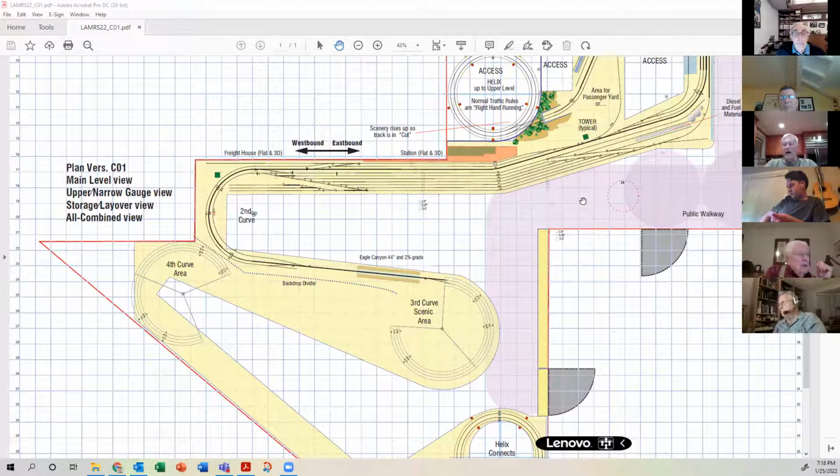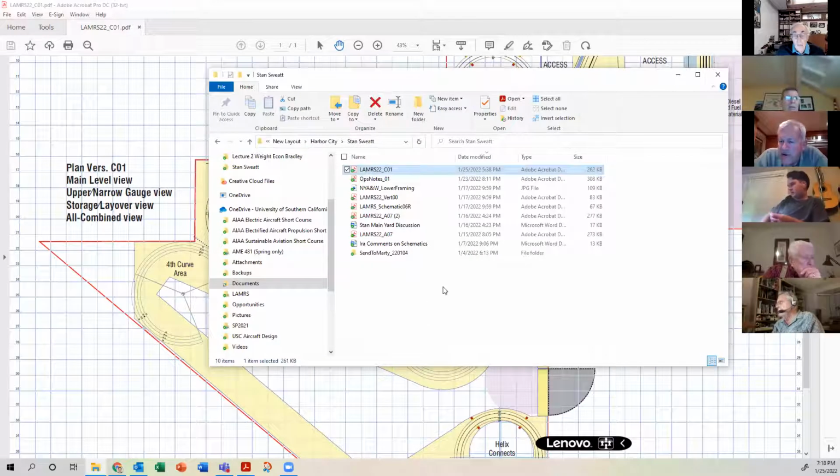I thought that was a good idea. What would be the height, Stan? How high? I don't remember offhand. Marty, I'd have 5 inches, 6 inches, do you think, close?